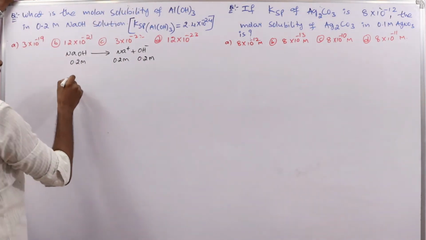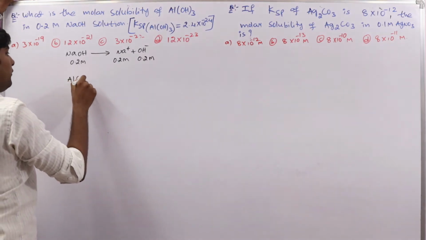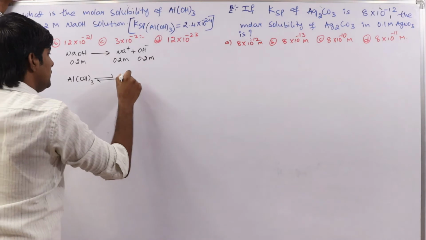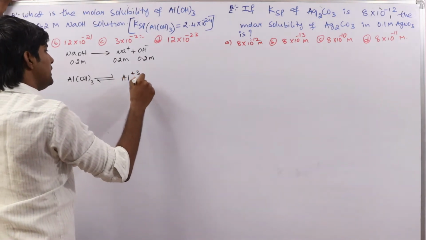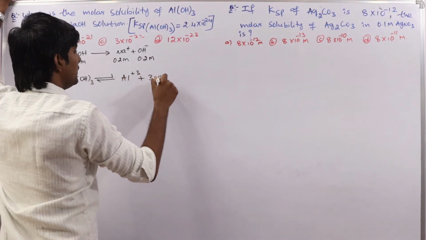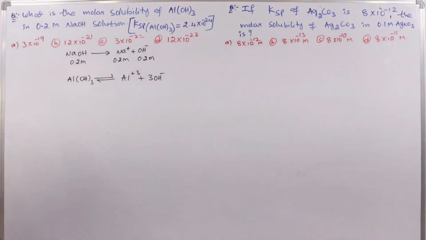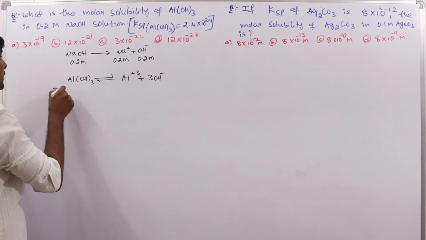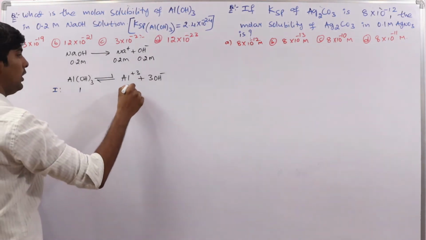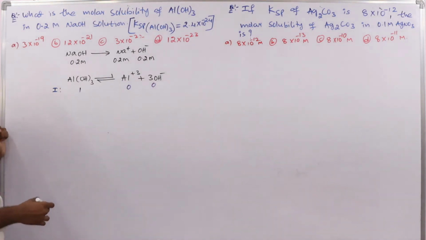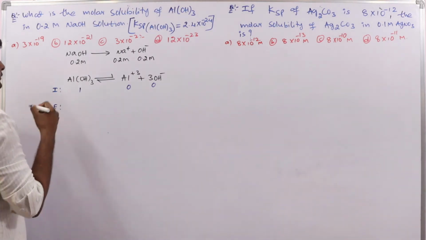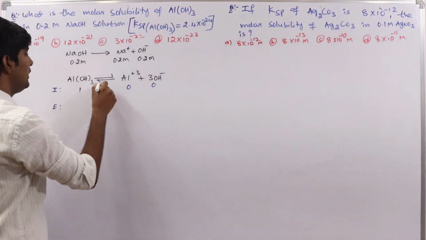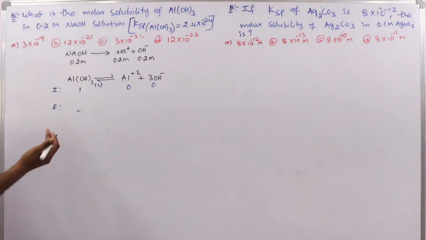Next, let us write the dissociation of the weak electrolyte. Here we get Al plus 3 plus 3 OH minus. Initially suppose it is 1 molar, and these two are 0. At equilibrium, this is a solid, so there is no need to consider it in the further steps.